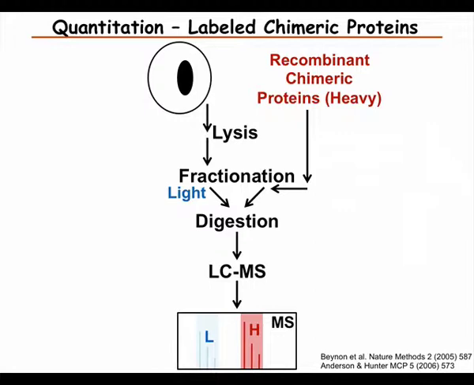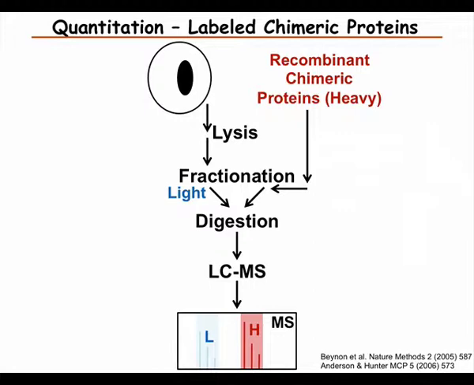So we take, let's say, peptides from 20 different proteins that we want to study in our sample, and we make a protein that contains those peptides. So we make a chimeric protein with just a few peptides from each of the proteins that we want to study.